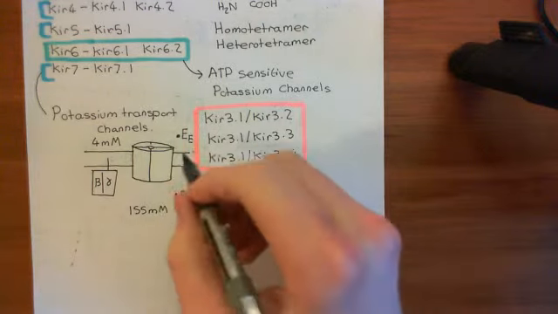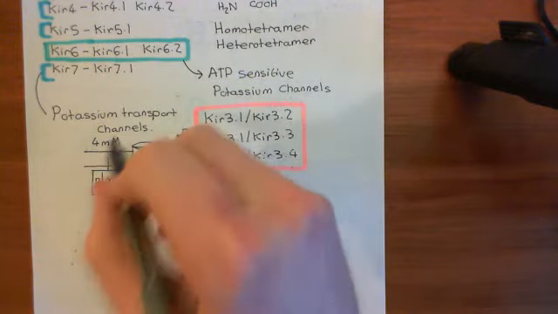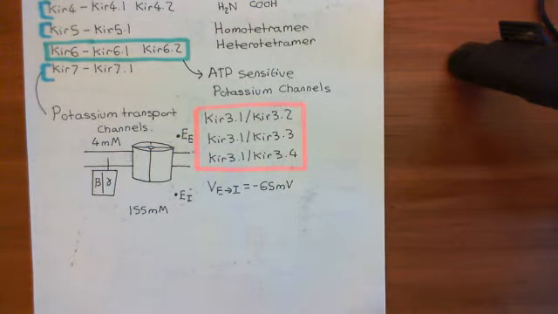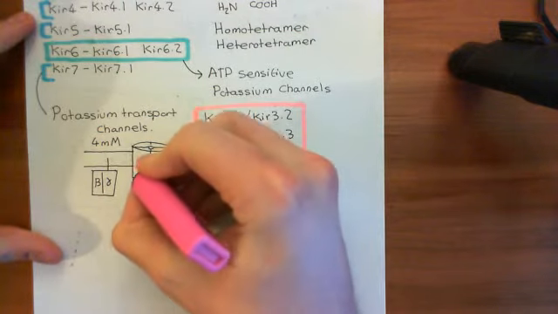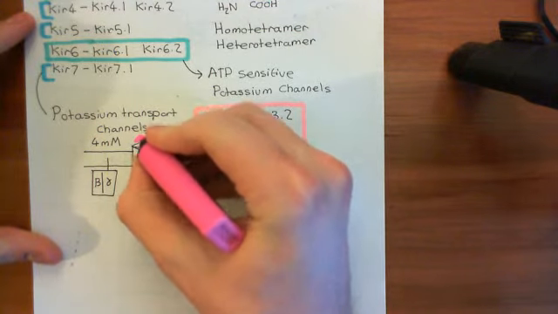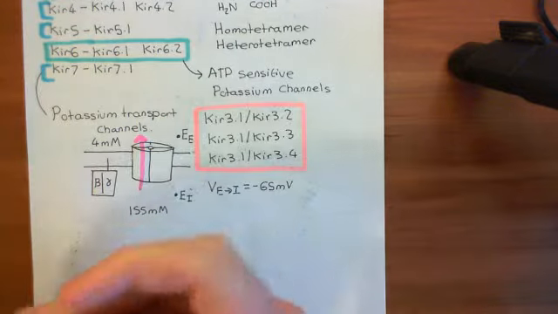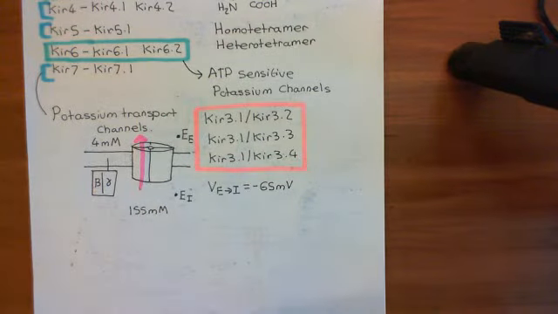So, the electrical gradient says go in, the concentration gradient says go out. Which one is stronger? Well, I've actually already given you the answer to this. I told you earlier that the Nernst potential for potassium at the normal concentrations across the cell membrane is around -85 millivolts.